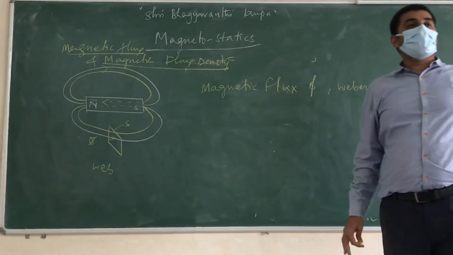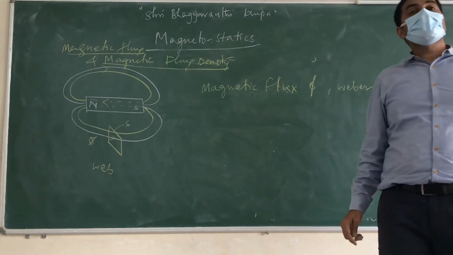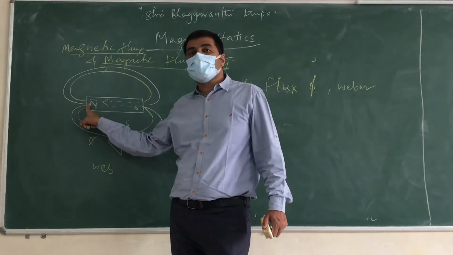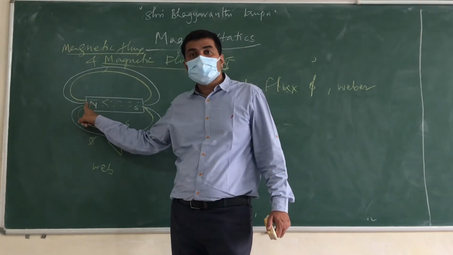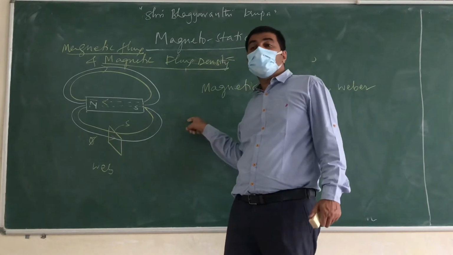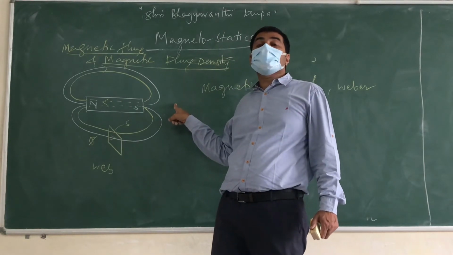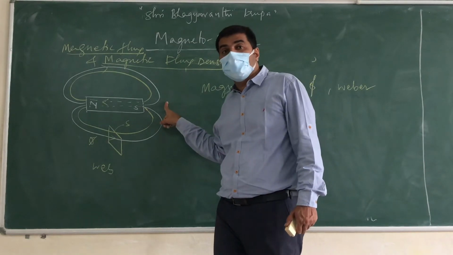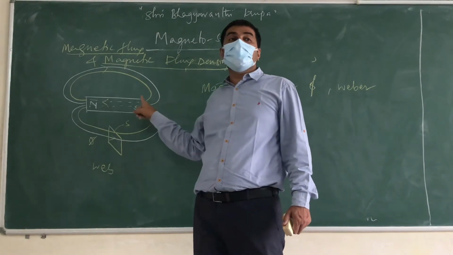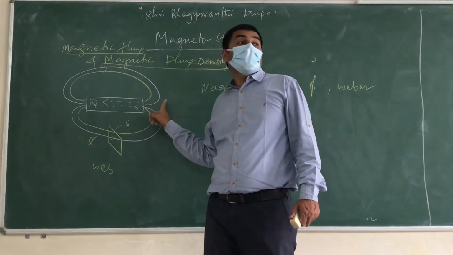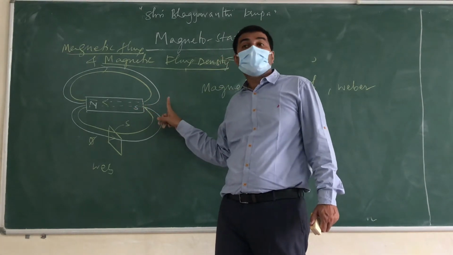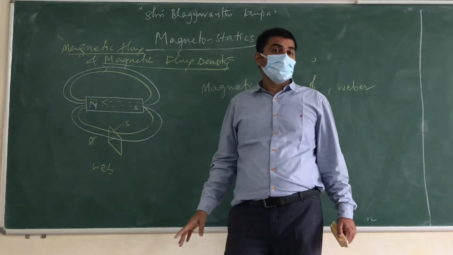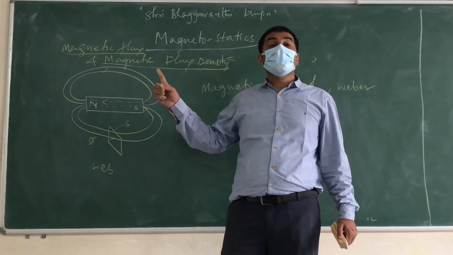Next point, these magnetic flux lines generate from North Pole, enter into South Pole, and internally travel from South Pole to North Pole, forming a loop.